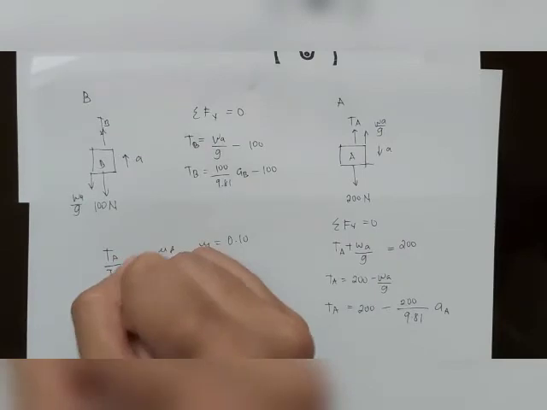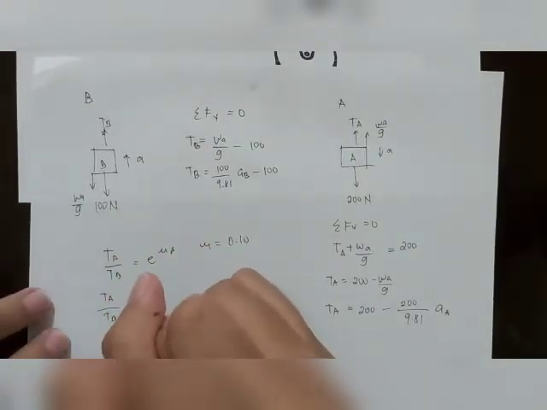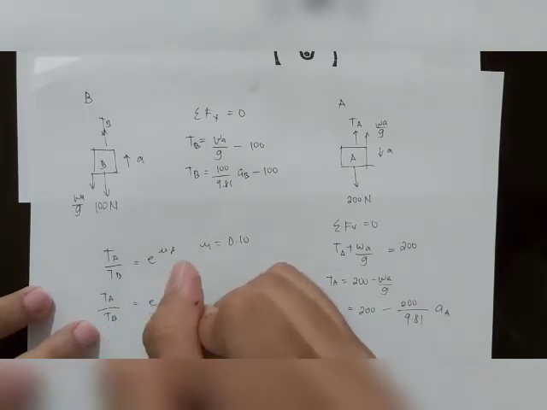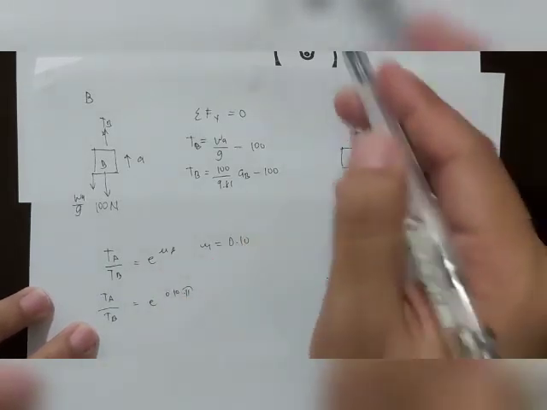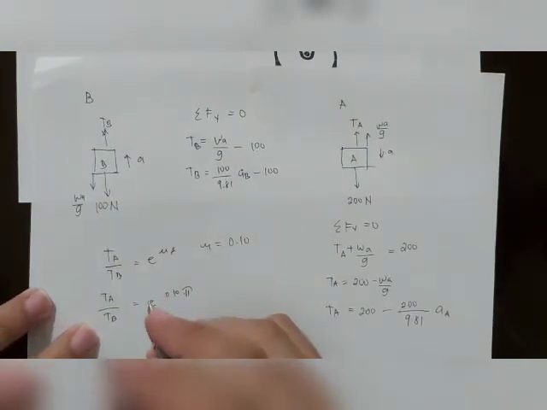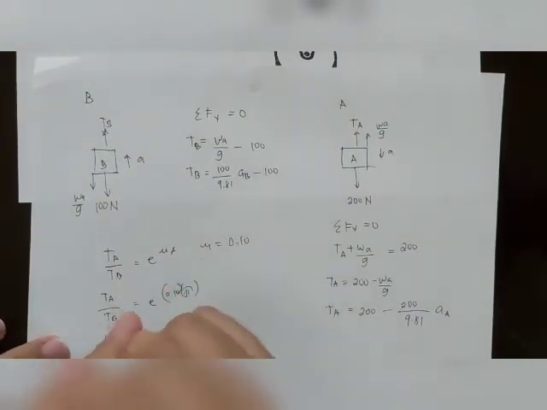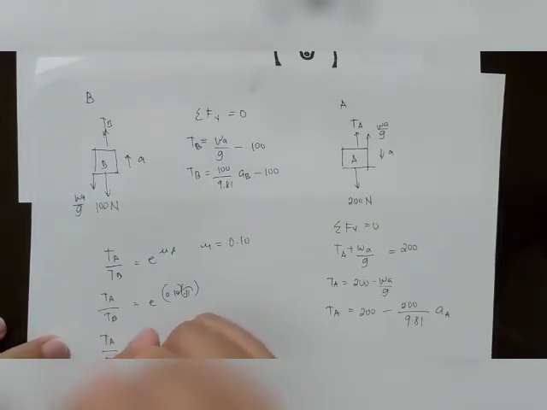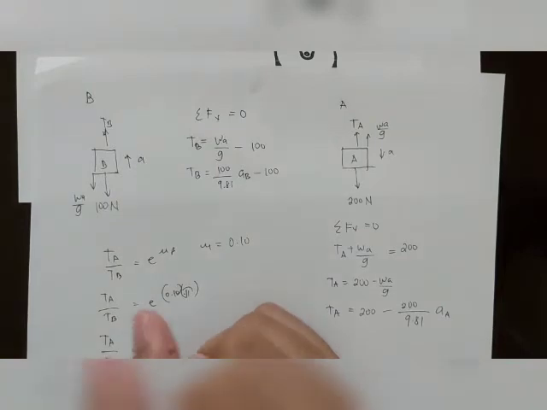So this will be TA all over TB is equal to e raised to 0.10 times pi, dahil tayo ay naka-radian dahil circle. So solving this in the calculator, we have 1.369.